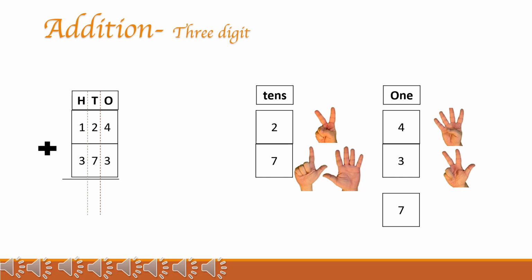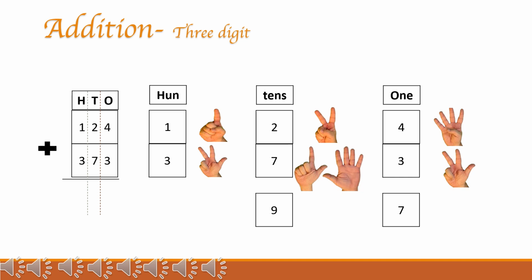We'll open up 2 fingers for the smaller number and do the forward counting. So 7, fold one finger, 8, fold the next finger, we get 9. So addition at tens place, which is 2 and 7, will be 9.